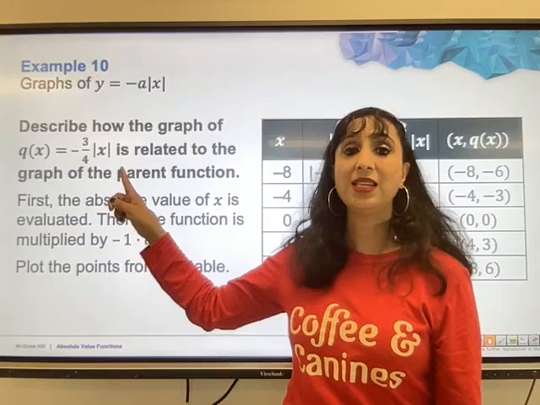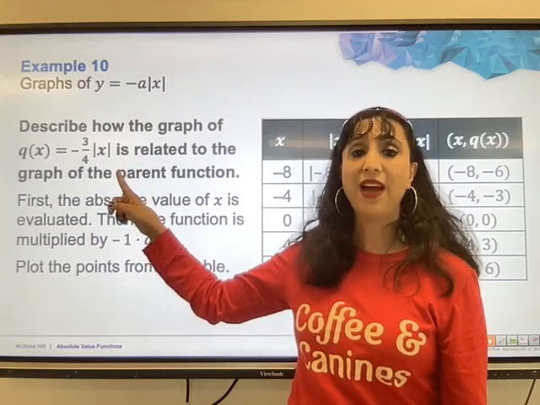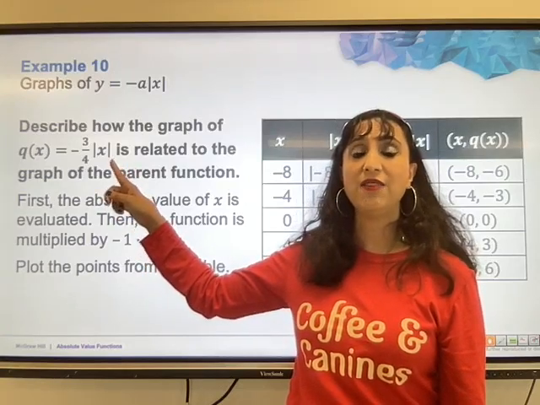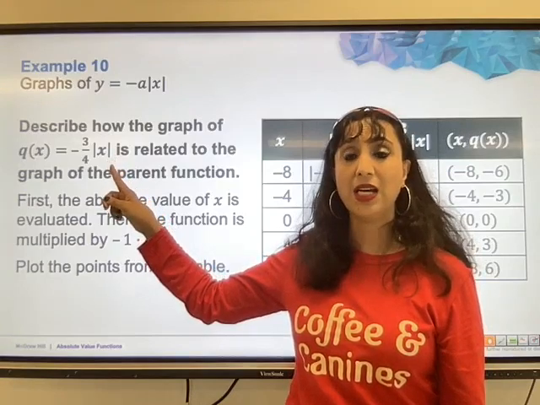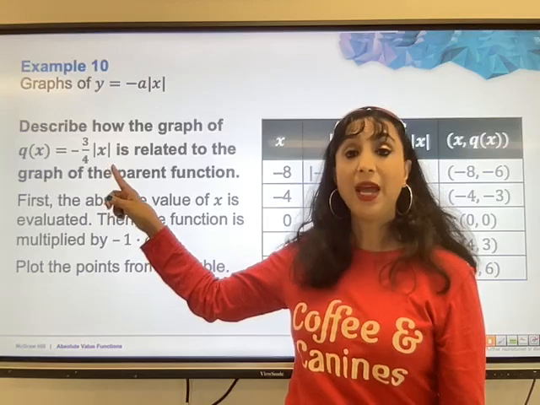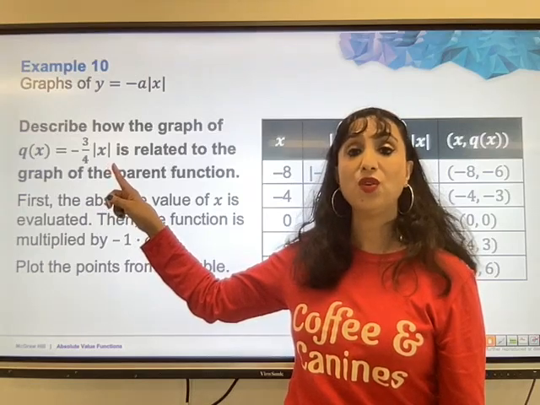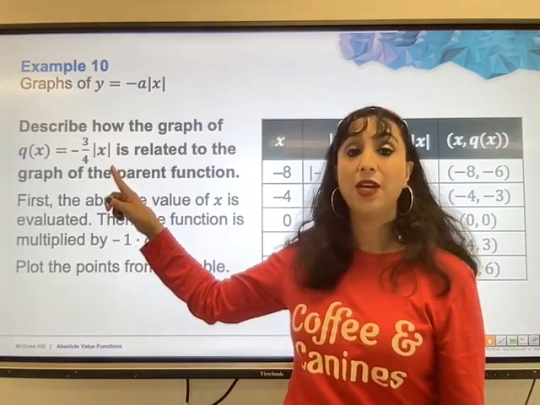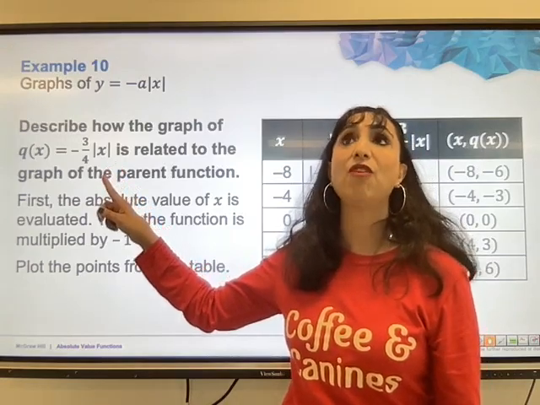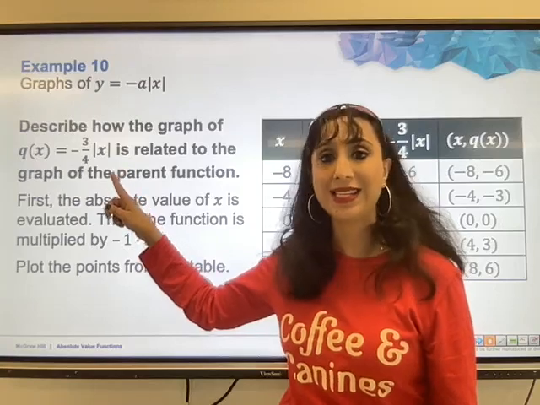And now we can see that my x value, because there's no negative inside, is going to stay the same, and the y value is going to flip, that is the sign.